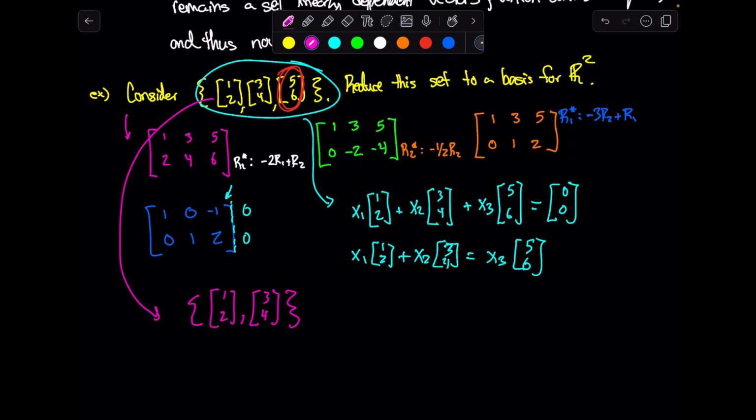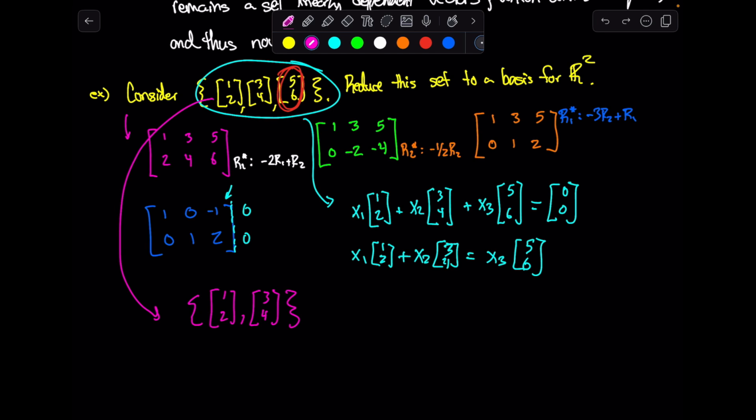They are linearly independent. They clearly span all of R2 because we only need two pivots, which is what we have, and we're good to go. And so this is how you can take an existing set and create a basis, or check if we indeed have a basis.